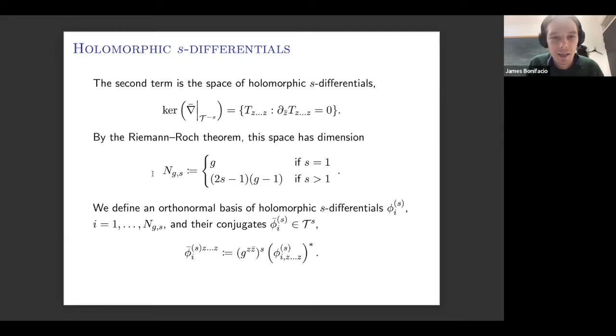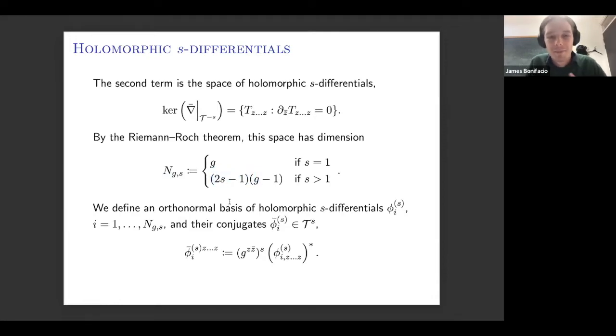N_{g,s} is going to be the dimension of the space. And for s equals 1, which corresponds to holomorphic differentials, the space has complex dimension g. And for s greater than 1, it has complex dimension (2s minus 1)(g minus 1).